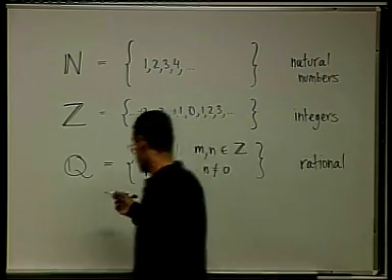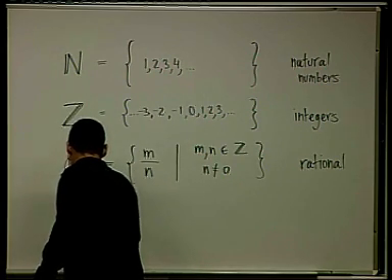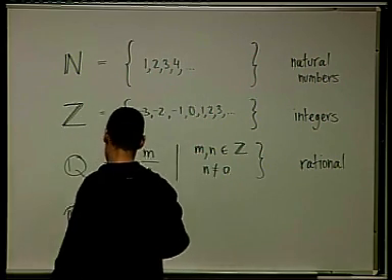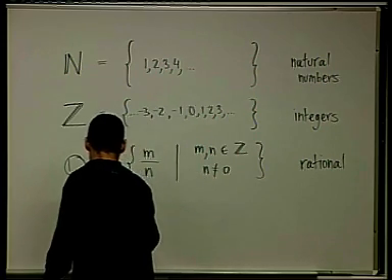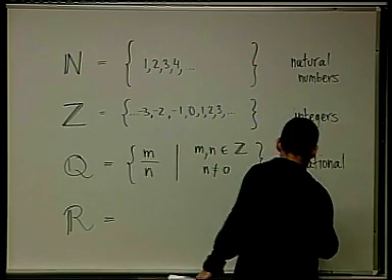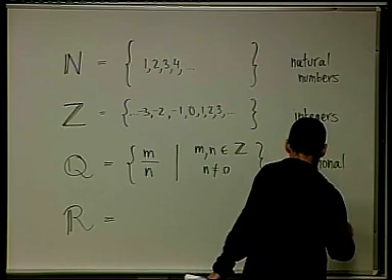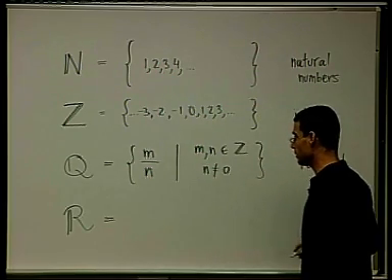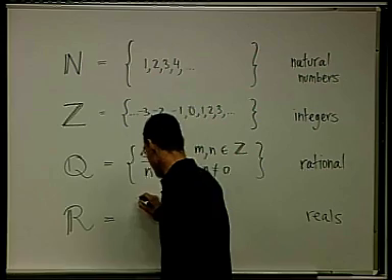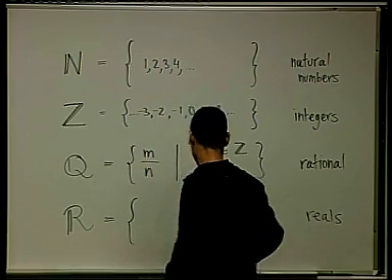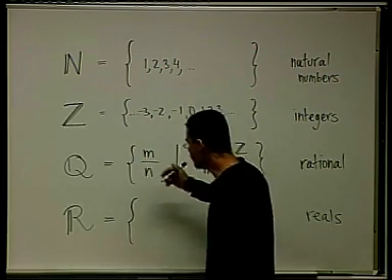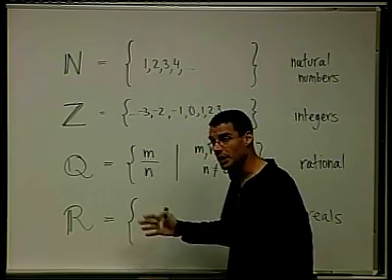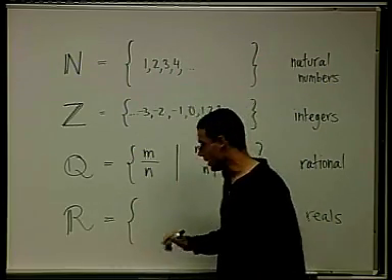But there are more numbers than that. Okay, so the number system in which we're going to be working mostly throughout this course is called the reals. R is for reals. And I'm going to cheat you a bit now. So I'm not going to define them very precisely. I'm just going to tell you what they are.